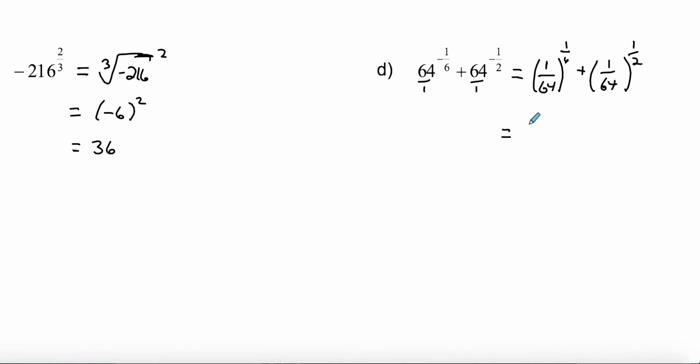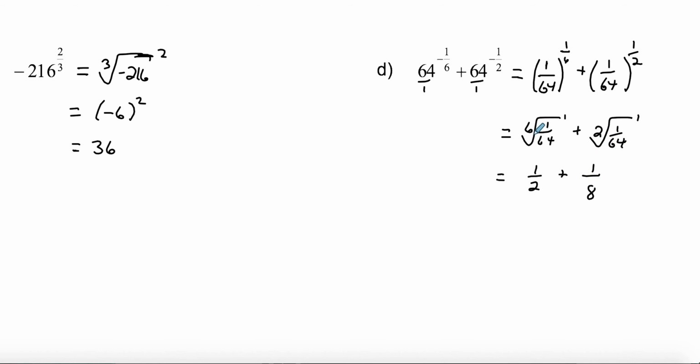So 1 over 6 as a rational exponent, this would be the sixth root of 1 over 64 to the exponent 1. And this would be the square root of 1 over 64, exponent 1. So the sixth root of 64 is 2. I think we've seen that already. So this is 1 over 2, plus the square root of, so think of it this way. The square root of 1 is 1. The square root of 64 is 8.